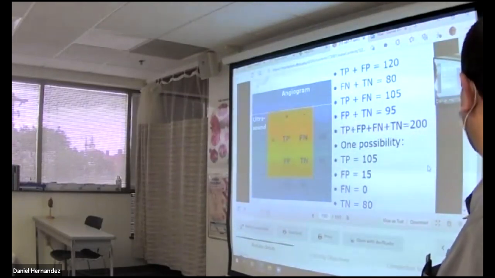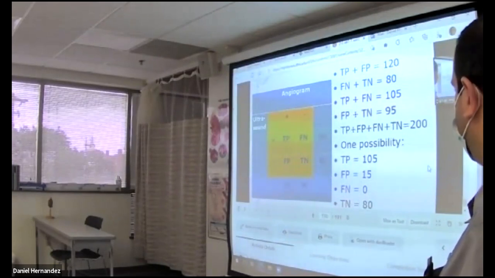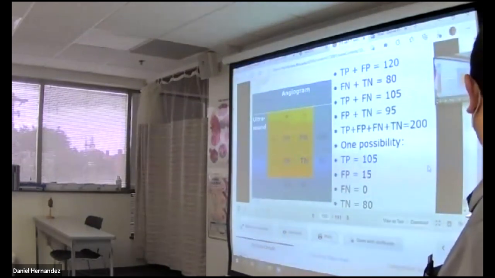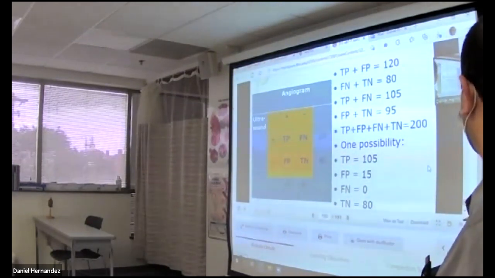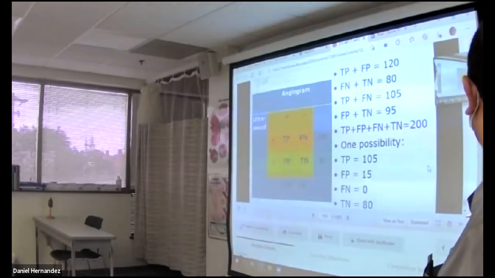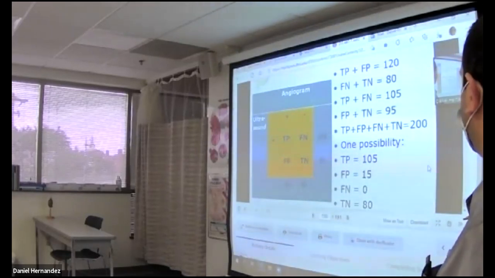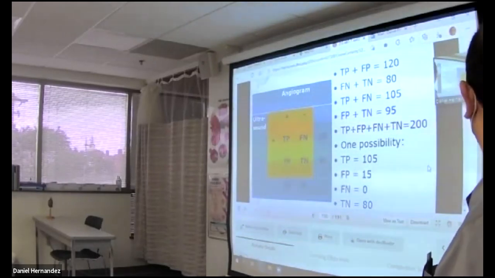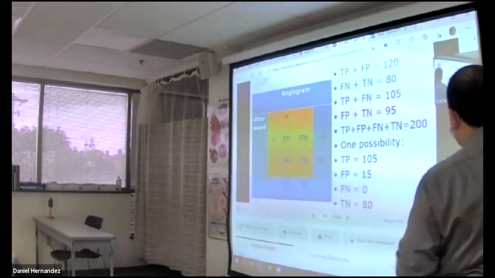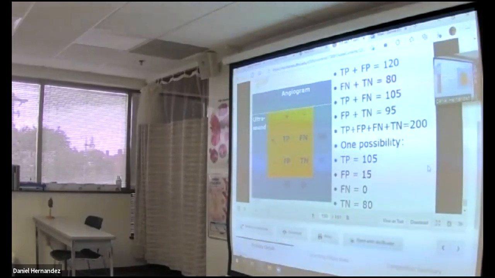Exactly. So in the whole positive angio column, it has to equal 120. But 105 were positive in the ultrasound. So on the ultrasound side, it has to be 105 of the 120, which is why the 105 is there. So the rest, since there's 120, means only 15 negative. That's false negative.